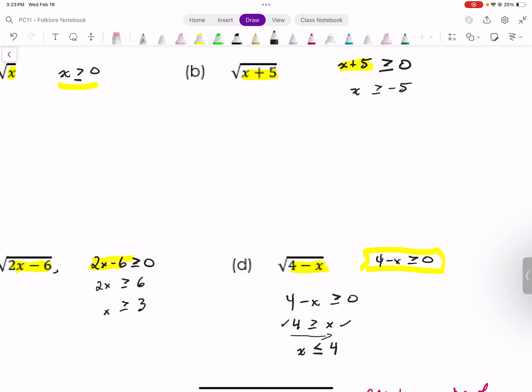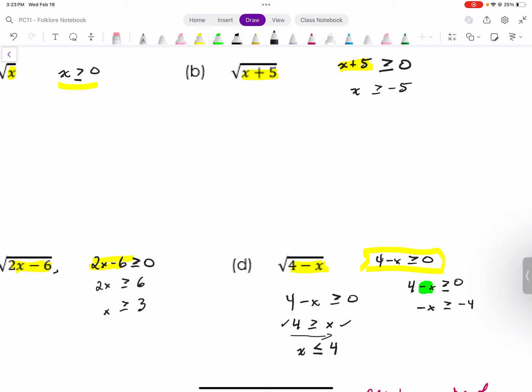Another way is I could take this inequality and multiply both sides by -1. And why would I do that? Well, if you notice, my x is negative here. So maybe I'm going to subtract 4 from both sides.